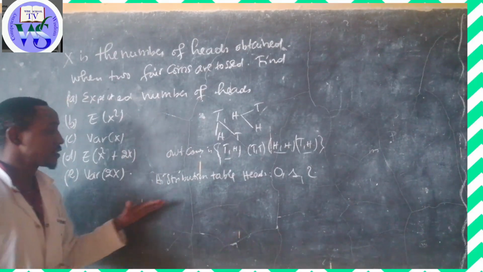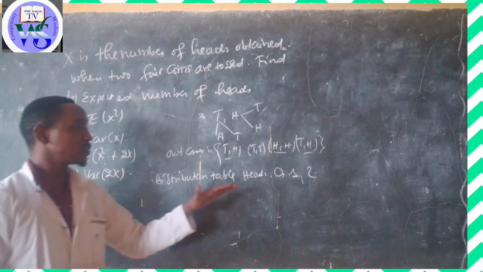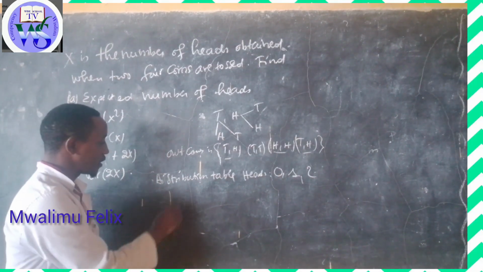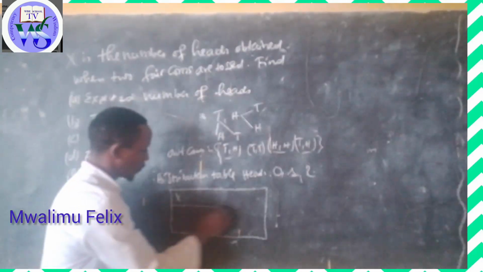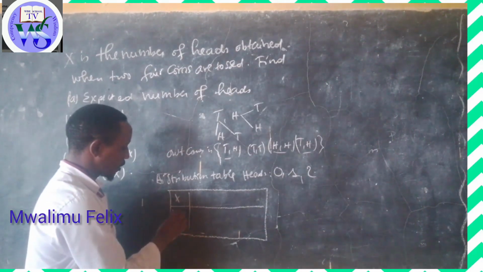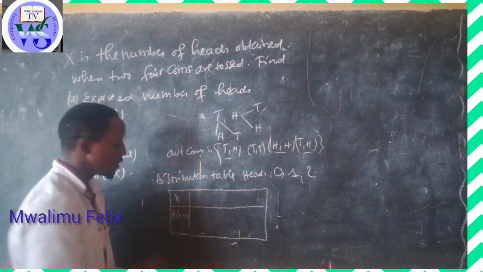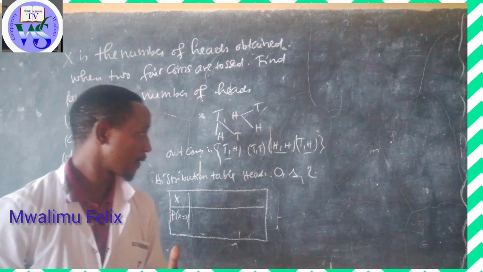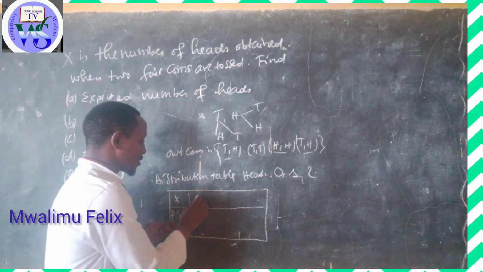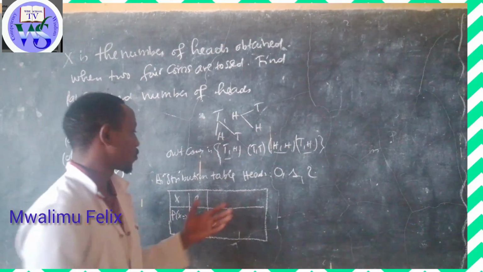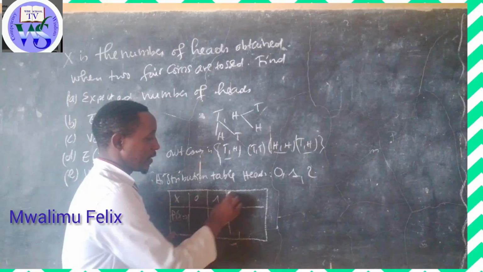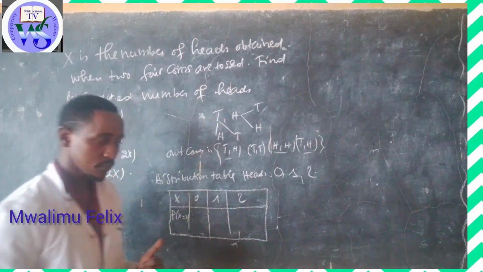To form the distribution table, we draw X and the probability of X, which is P(X = x). This is the probability distribution. For X equal to 0, there is no head obtained, then we have one head, and here we have 2.